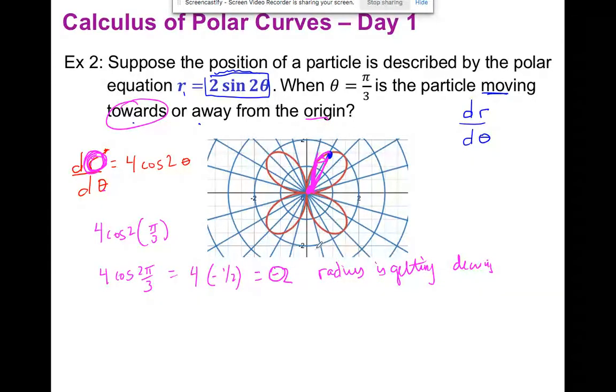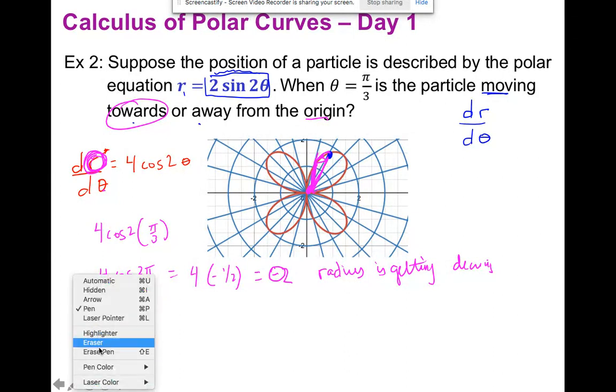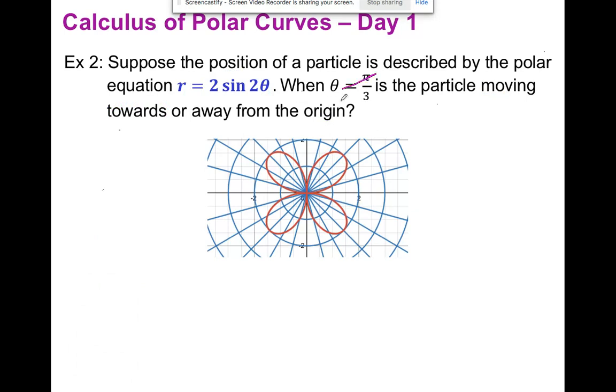But you do have to realize what it means to plot a point in polar. So what if I gave you a different point? What if I said, when theta is pi over 8? What's dr d theta?